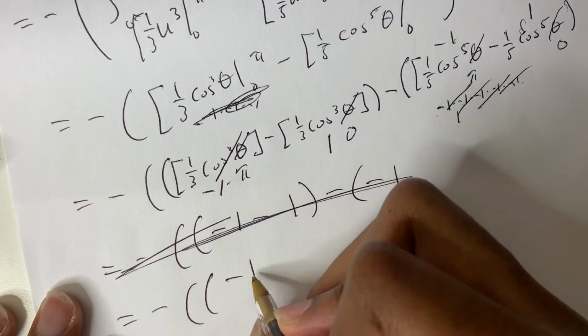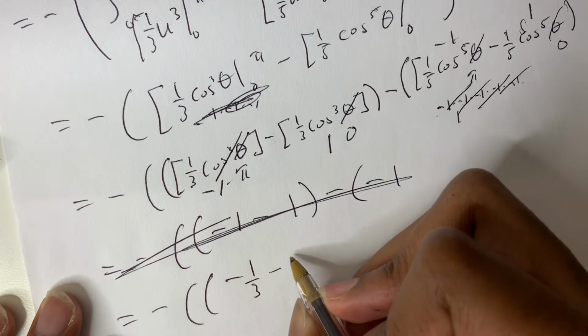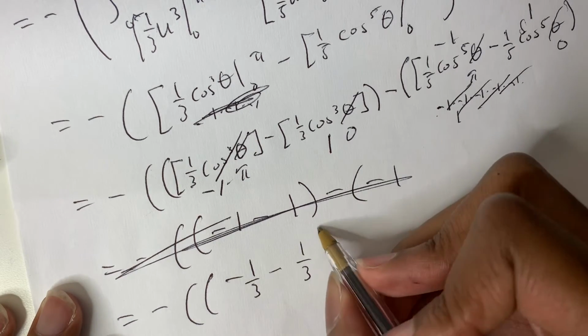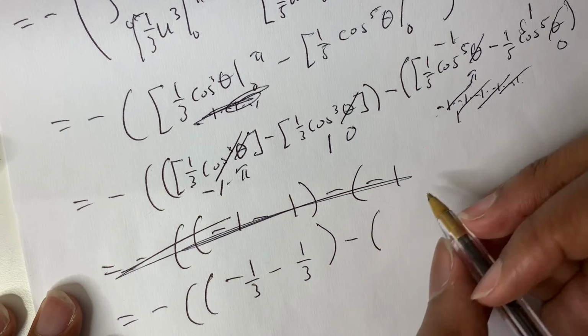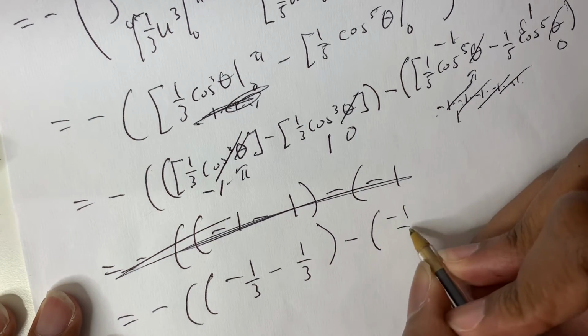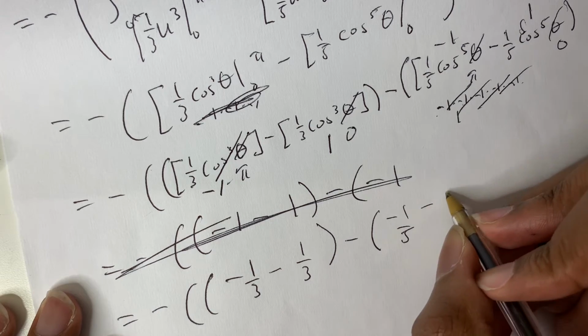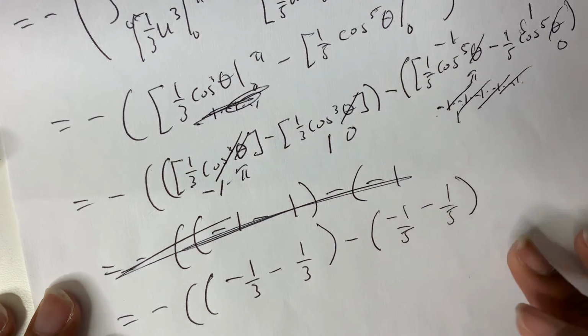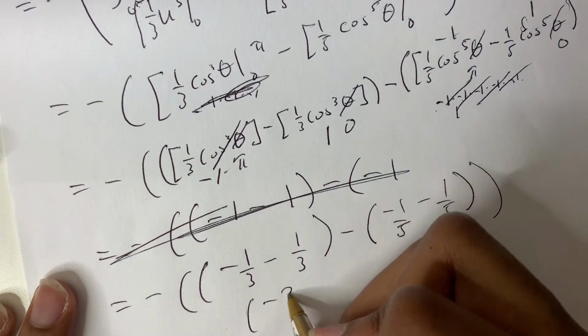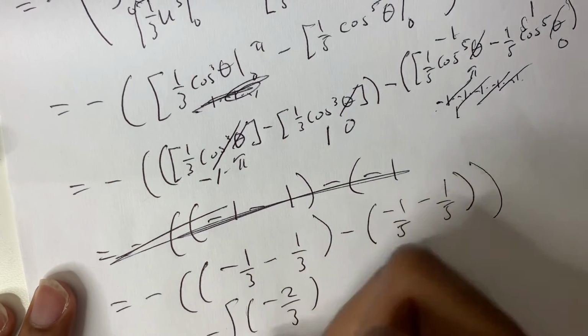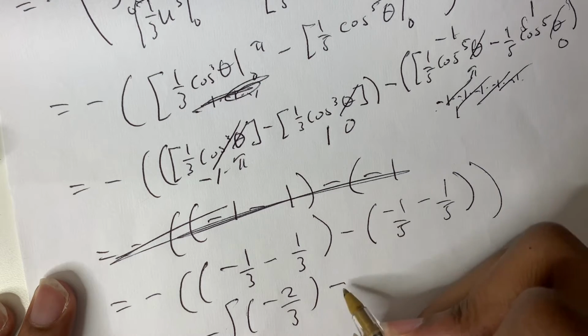So minus 1 over 3 minus 1 over 3, minus, minus 1 over 5 minus 1 over 5. Okay. So this is, of course, going to be minus 2 over 3 minus minus 2 over 5.